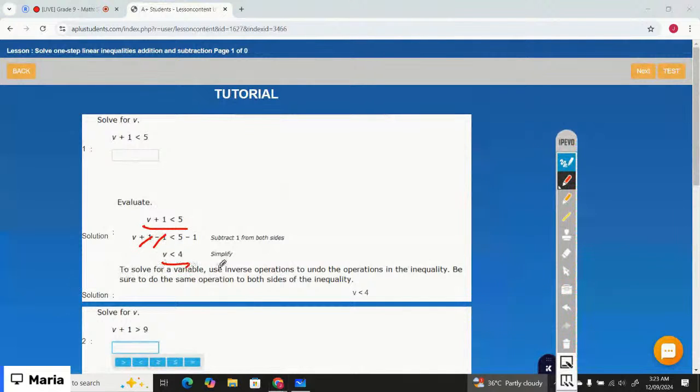To solve for a variable, use inverse operations to undo the operations in the inequality. Be sure to do the same operations on both sides of the inequality.